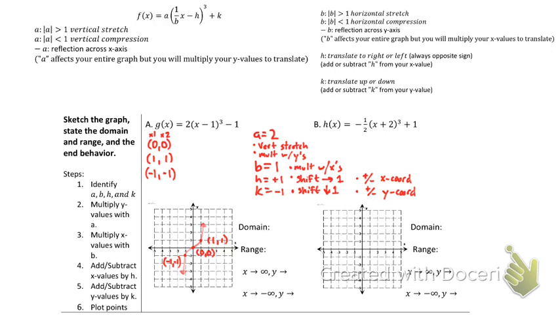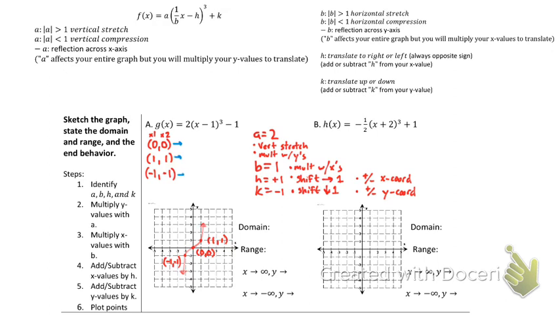Alright, so that is basically what I want you to do for step 1. Step 2, we're going to perform all these in order: multiply the a value, b value, then h value, then k value. We'll do steps 2, 3, 4, and 5 almost all at once. 2 and 3 at the same time, step 4 and 5 at the same time. Okay? So let's do this.